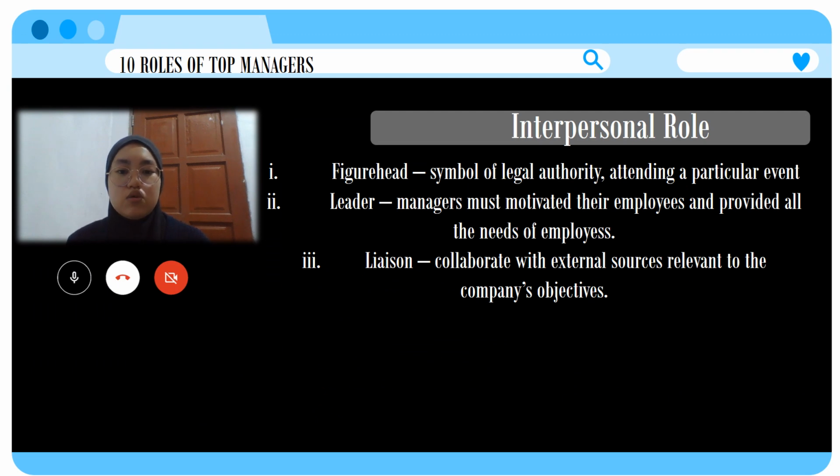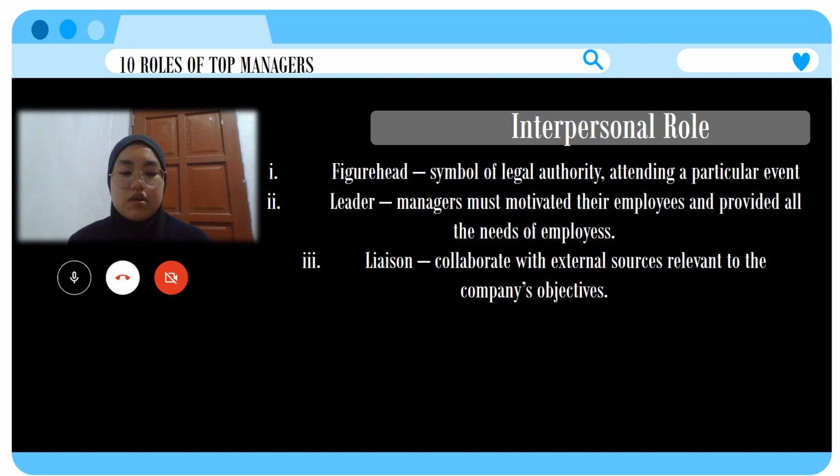I'm going to continue with the 10 roles of top management. The first one is interpersonal roles. The interpersonal roles have 3 elements inside: number 1 is figurehead, number 2 is leader, and number 3 is liaison. A figurehead is a symbol of legal authority attending particular events.